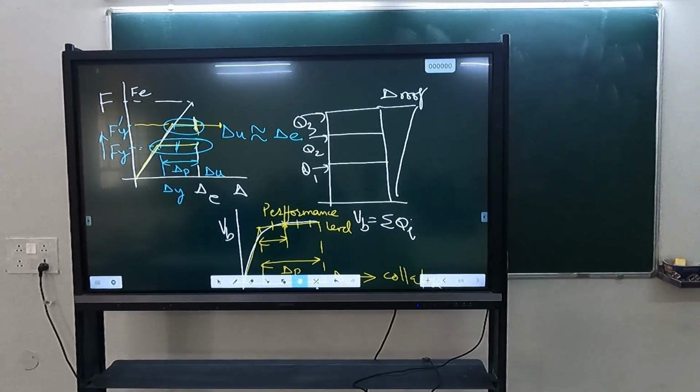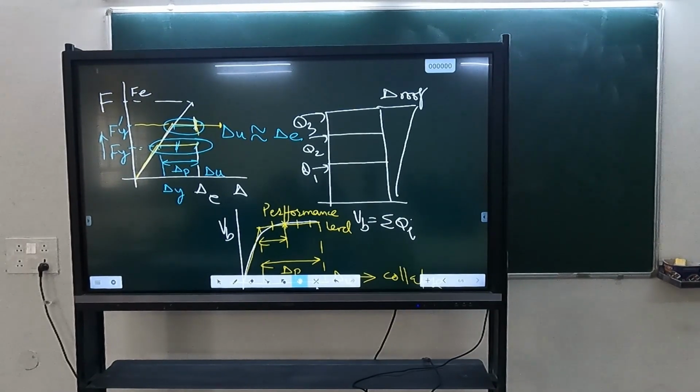It may be possible because you have contradictory requirements. For some equipment, the performance is governed by drift; for another set of components, it is governed by acceleration. If you reduce drift, acceleration increases. So what do you have to do? You have to use some technique by which both acceleration and drift are reduced.